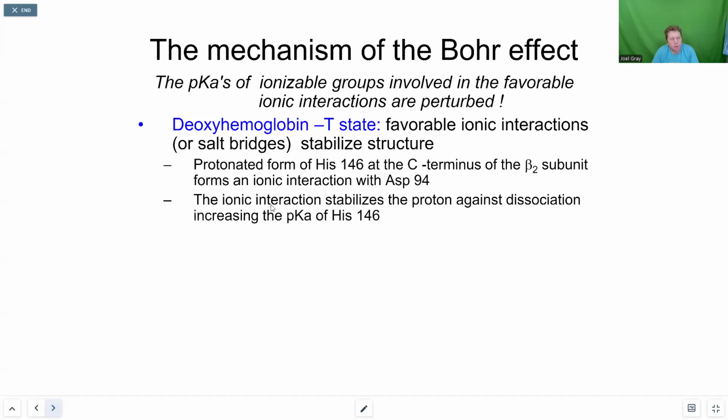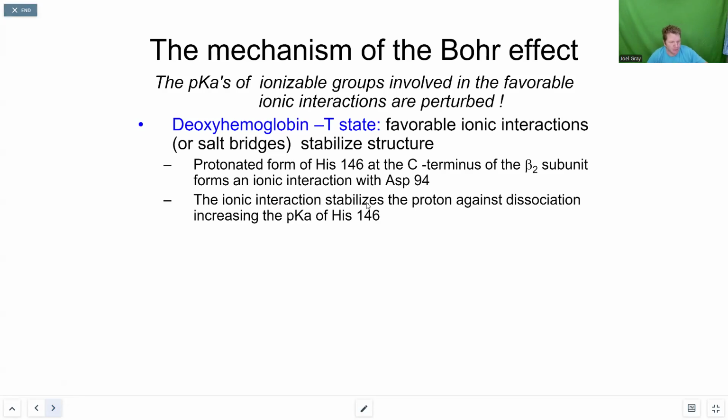When you have a protonated form of histidine 146 at the C terminus of the beta 2 subunit, this forms an ionic interaction with aspartate 94. So anything that complements that protonated form of histidine 146 is going to stabilize that T state. The ionic interaction stabilizes the proton against dissociation, increasing the pKa of His 146.